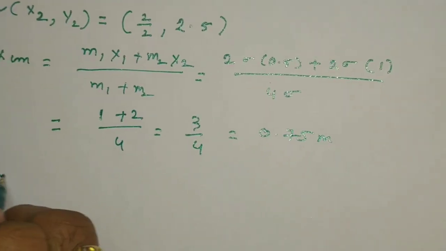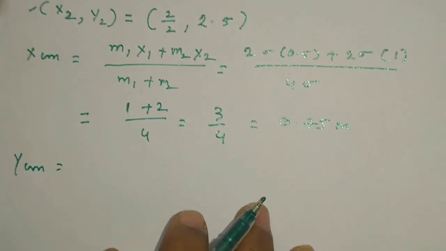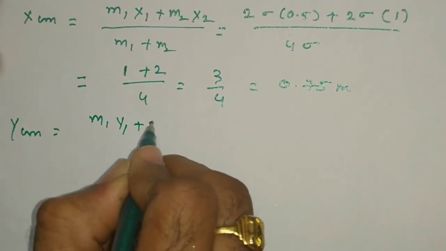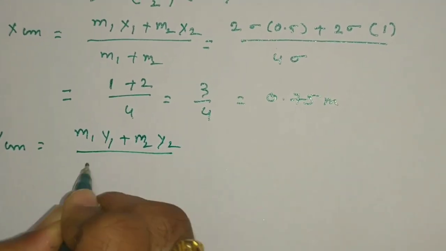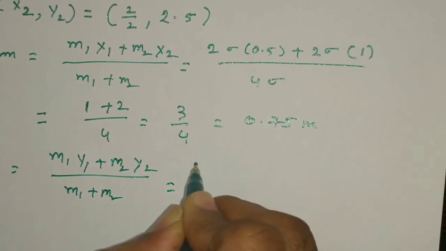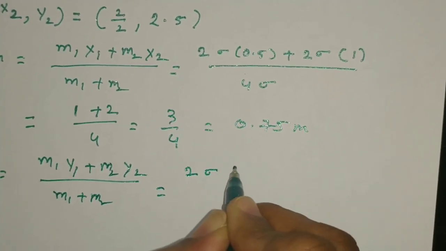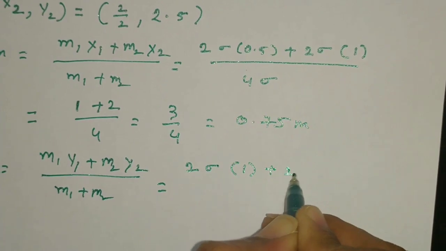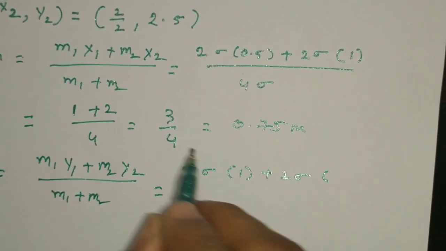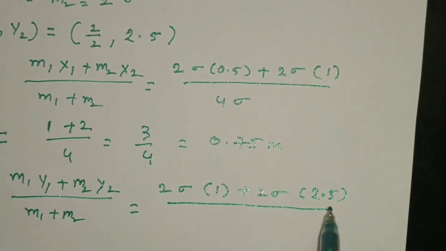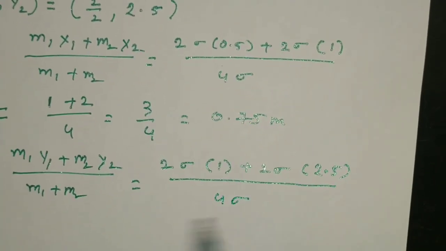Similarly, the y coordinate of the center of mass is m1 y1 plus m2 y2 by m1 plus m2. So, m1 is 2 sigma into y coordinate 1, plus m2 2 sigma into its y coordinate 2.5, divided by m1 plus m2, 4 sigma.